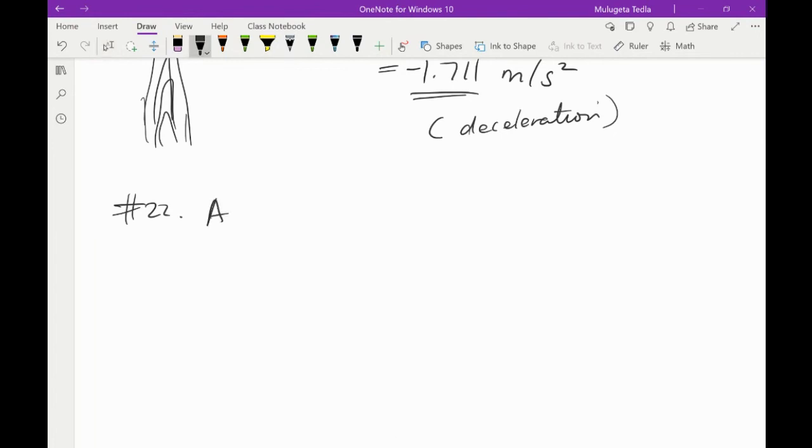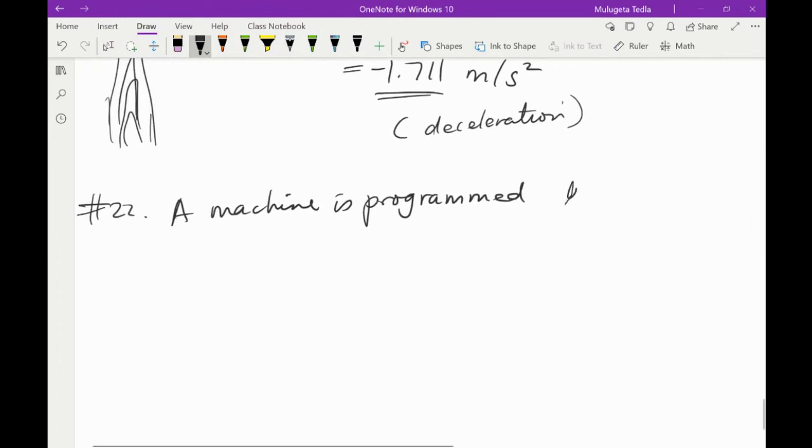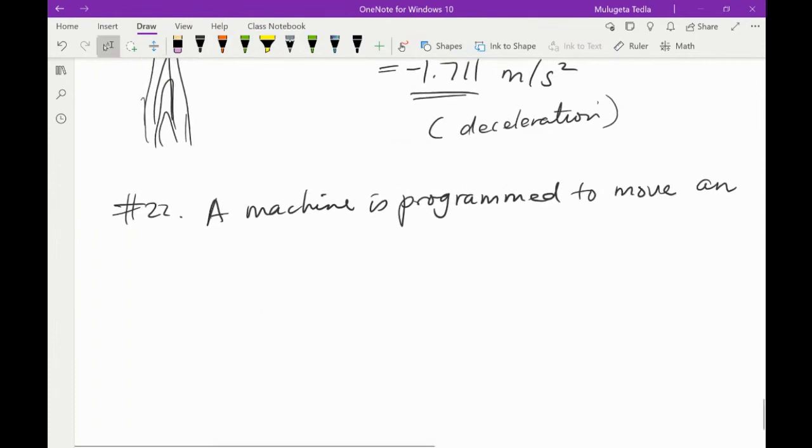So a machine is programmed to move an etching tool. Is that etching tool? I hope I get it right.